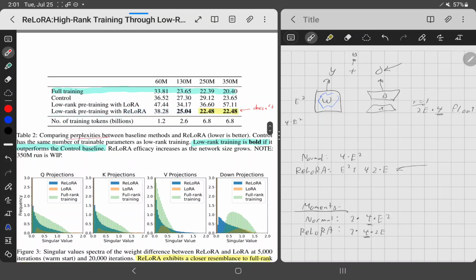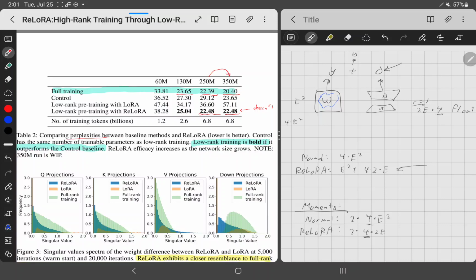So you want lower perplexities, and you can see that it outperforms the control model, but it still doesn't reach the full training, especially at 350. You can see it kind of does at 250. And something interesting is the perplexity doesn't decrease when you go from 250 to 350.